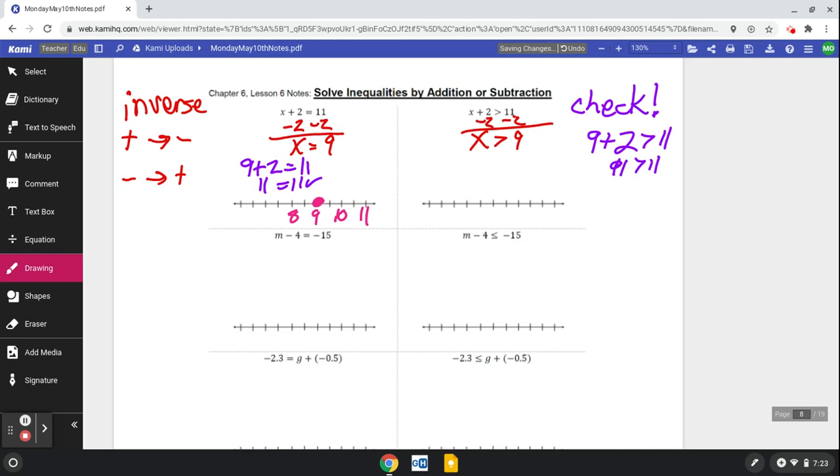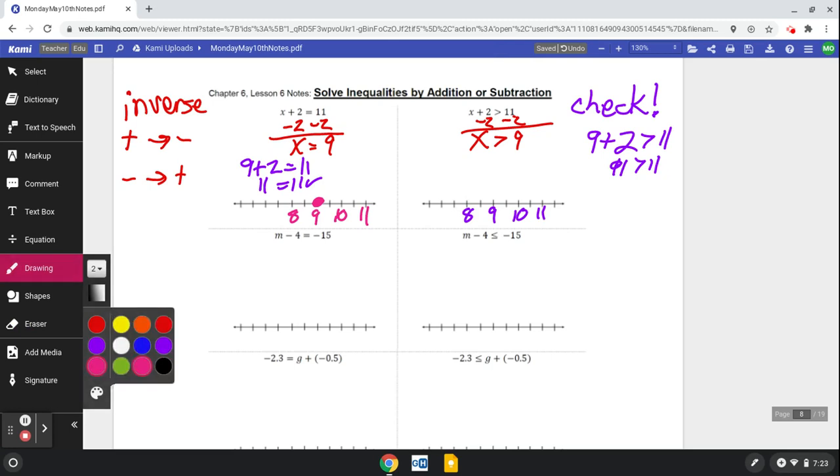So when we do this, we still have our 8, our 9, our 10, and 11, because there's not that equal sign underneath, we can't put a solid dot. This is where checking is a little bit different. Okay, so I put my open circle where x is getting bigger.